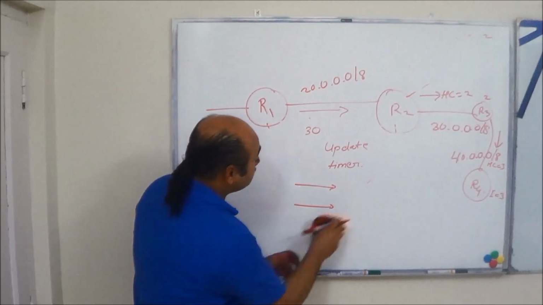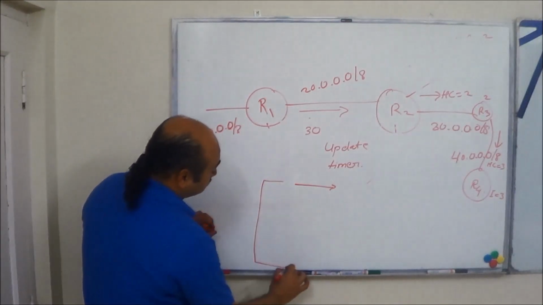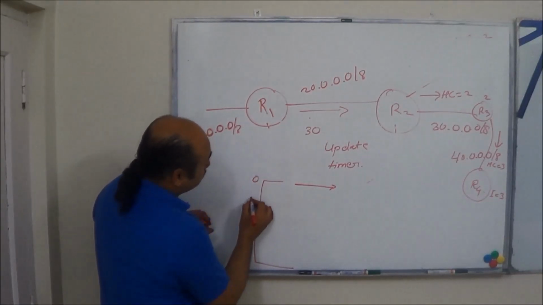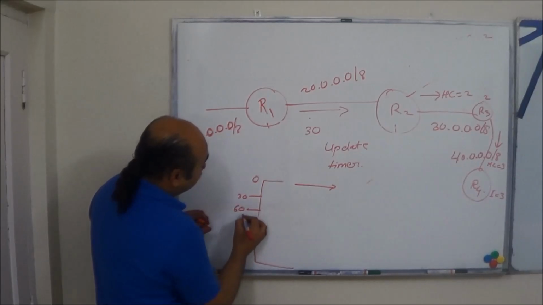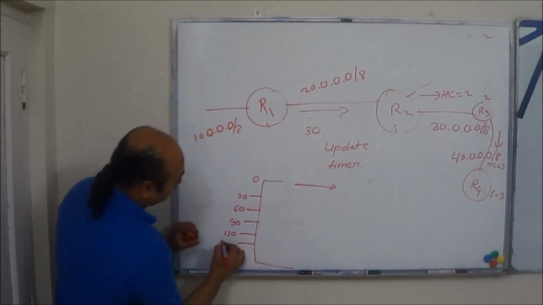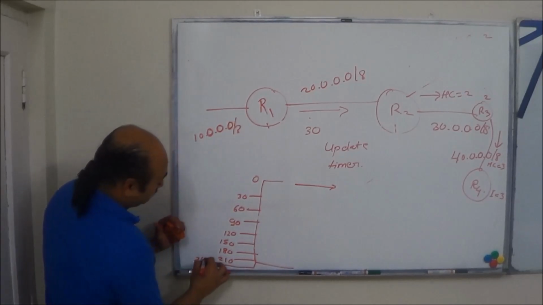So let's put a timeline here. This is 0, this is 30, this is 60, 90, 120, 150, 180, 210, and let's say 240.